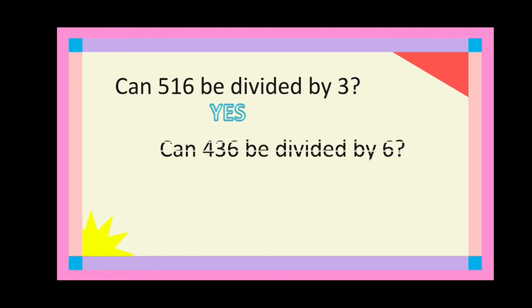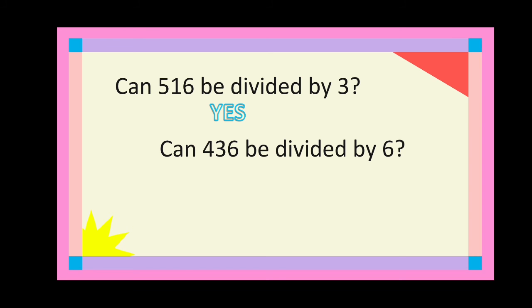Next, can 436 be divided by 6? So i-check natin ang two divisibility rules. The first one will be the divisibility rule for 2. So ano ba ang ones digit? The ones digit is 6, therefore it is divisible by 2.